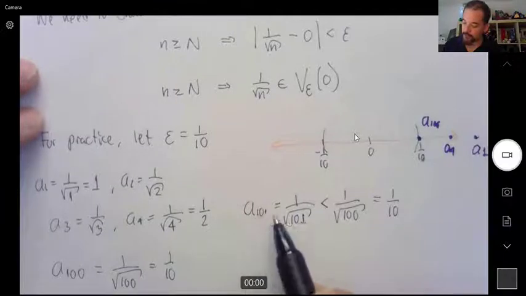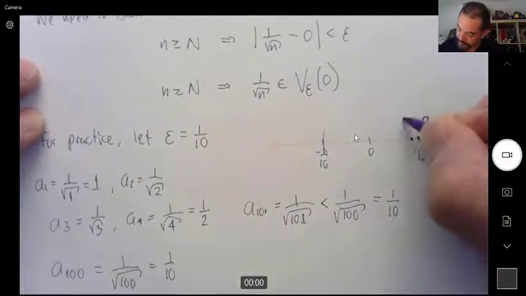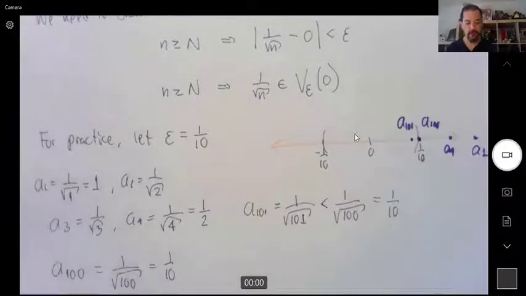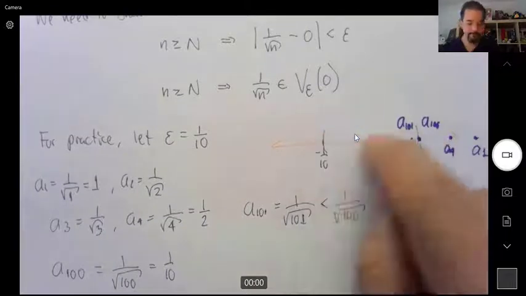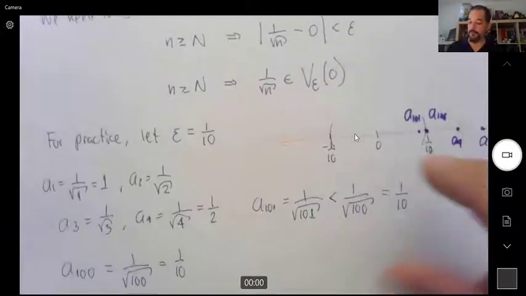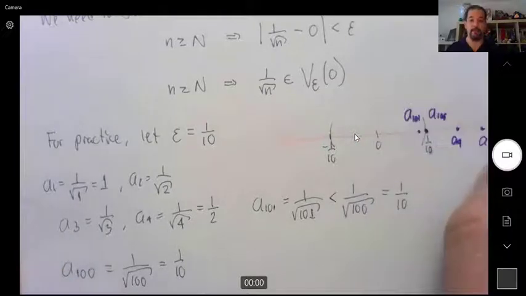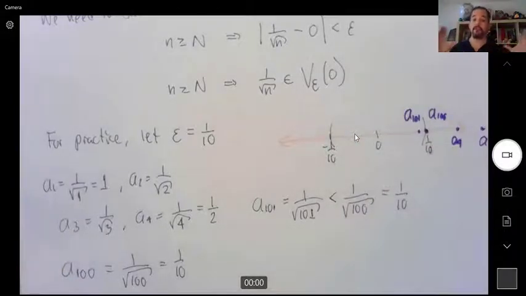A sub 101 is already inside. What about the ones after that? Would they also be in here? We don't want them to maybe get closer and then leave. That would be bad. We want to guarantee that all of those elements at some point will fit inside the interval from negative 1/10 to 1/10.